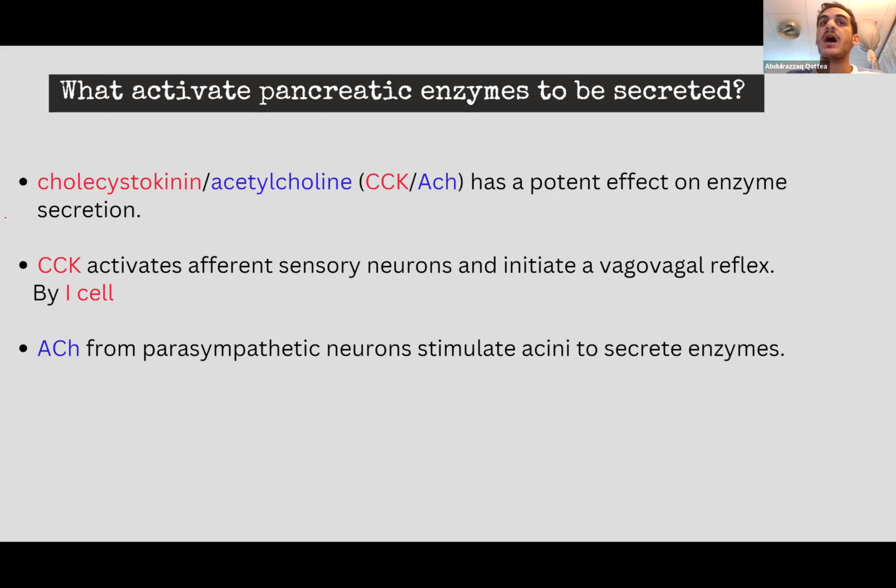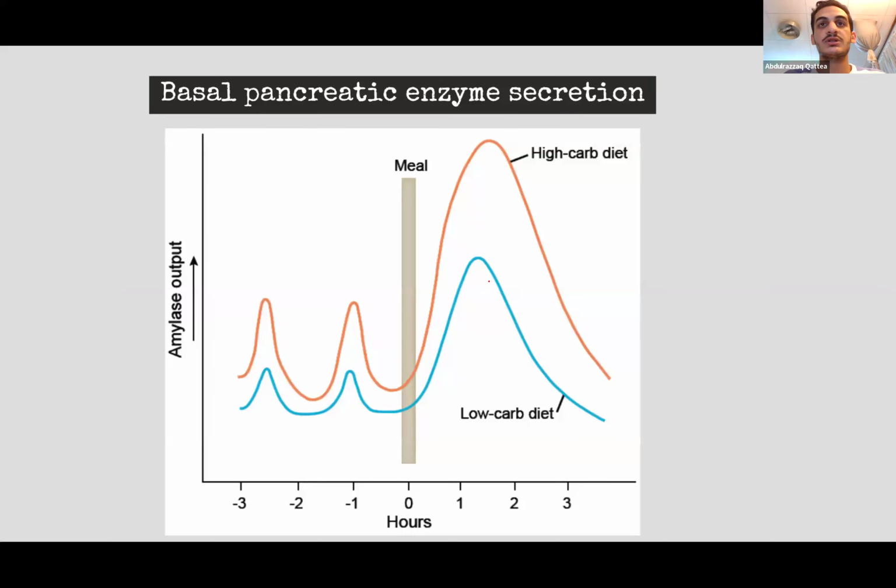Acinar cells respond to both CCK and acetylcholine. And from where is CCK secreted? From a cell called the I cell. We will come to this concept again, and I will explain it more. Let's move on.